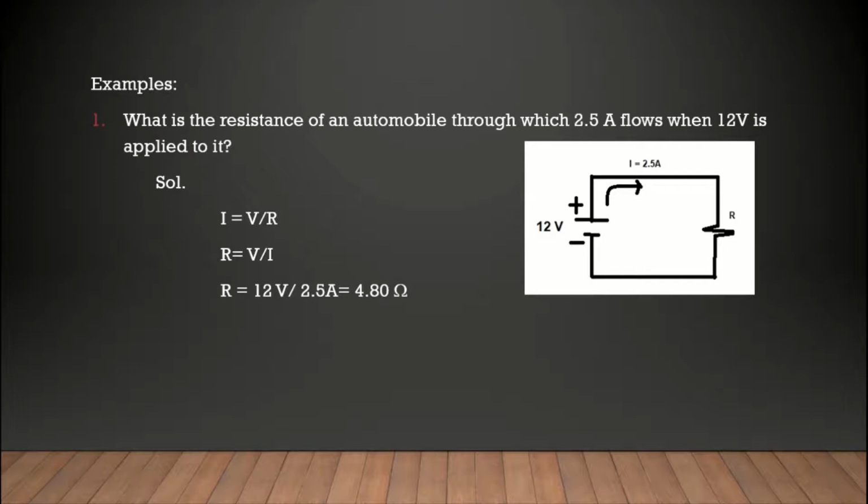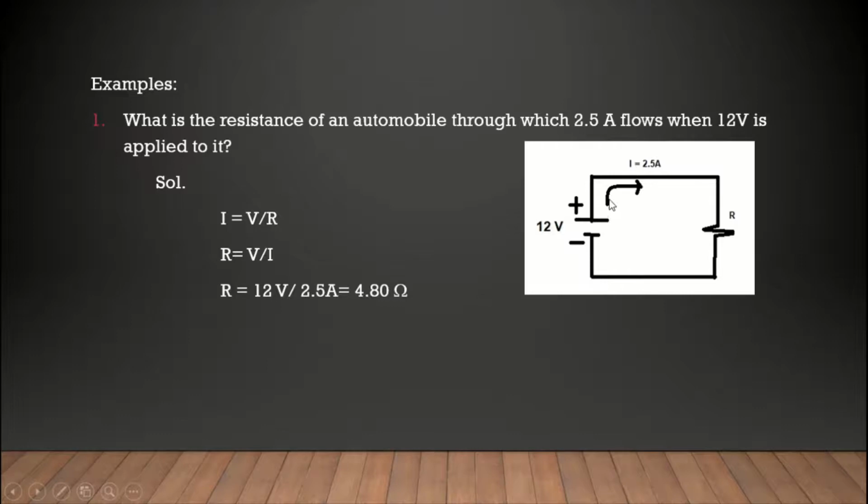For example, what is the resistance of an automobile through which 2.5 ampere flows when 12 volts is applied to it? So as you can see, here's an example of an electric circuit. We have here the source of 12 volts, the voltage source.